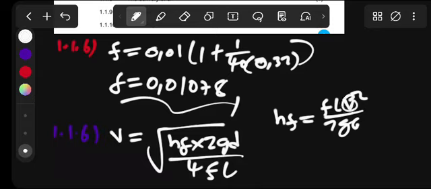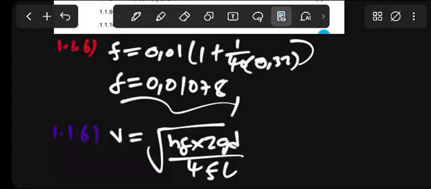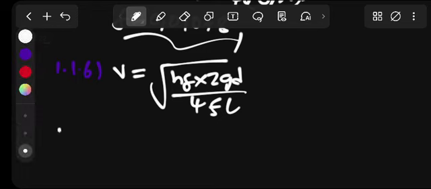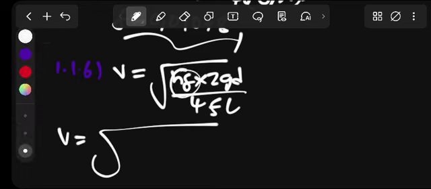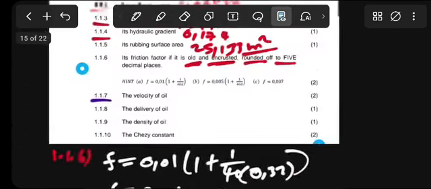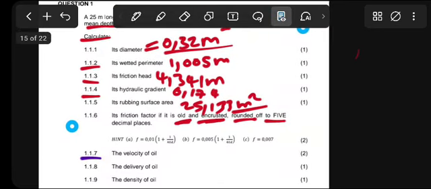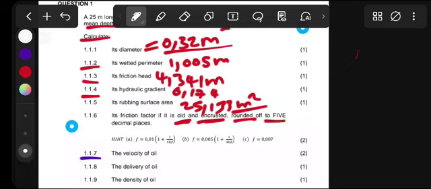I made this the subject. All the values, guys, we've calculated them back then. HF, we did calculate it there on the top. It's a matter of substituting now. We did calculate the hydraulic head.